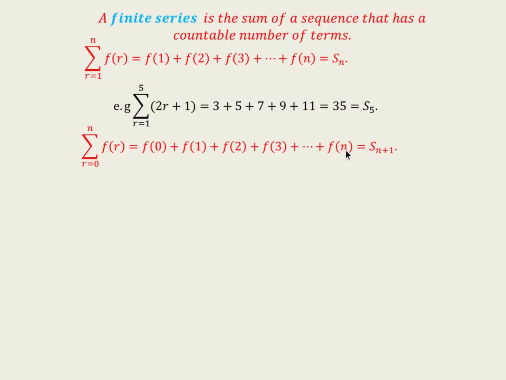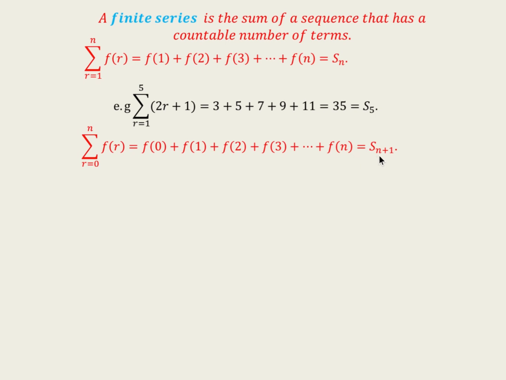We have to note here that in the series up, we had the sum from when r equals 1 to n, and it gave us n terms. So we're looking for the sum of the first n terms. In this one, there is an additional term. So when the series begins with r equals 0, there will be an additional term.